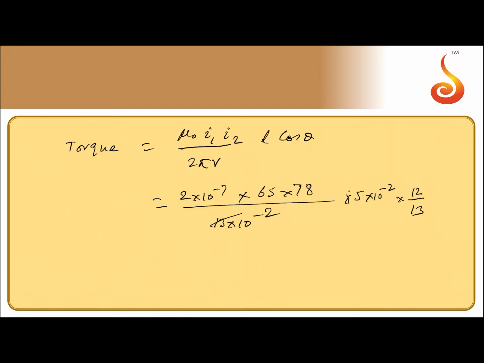So again 6, so this will be 7.2 into 10 to the power minus 5. So this will be option D.